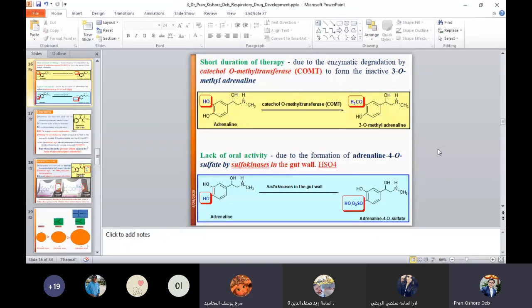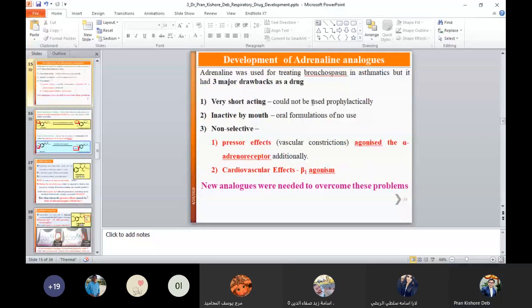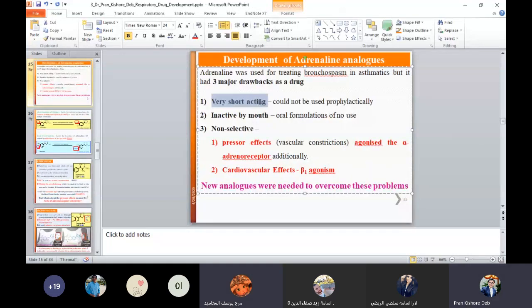If I ask you a question here, which of the following enzymes is responsible for short duration of action? Catechol O-methyl transferase or sulfokinase? Catechol O-methyl. Now, if I go to the previous slide again, short duration of action is responsible for which enzyme?